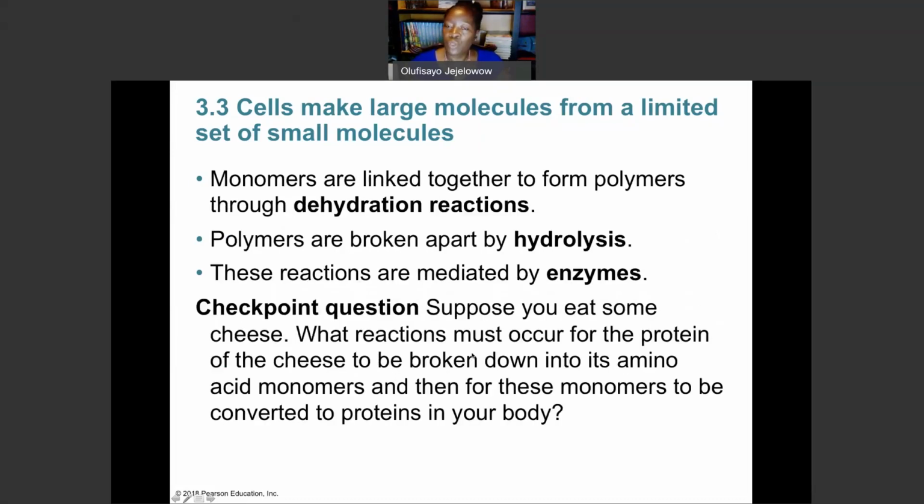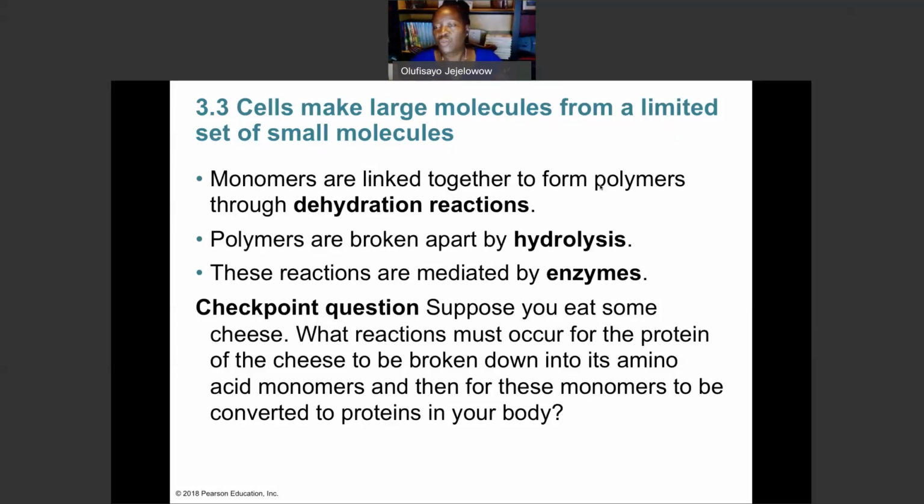So how do monomers help to build polymers? They do so by what we call dehydration reactions, and we're going to look at illustrations of those in the next slides. Polymers can be built up by dehydration reaction, in which 2 monomers come together, and through their reaction, they give up water.